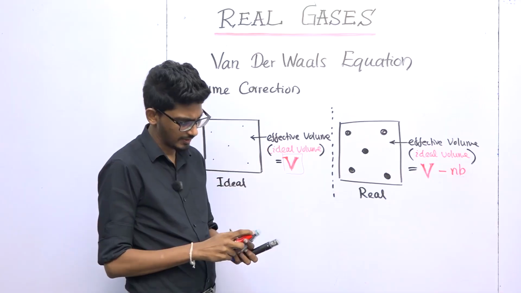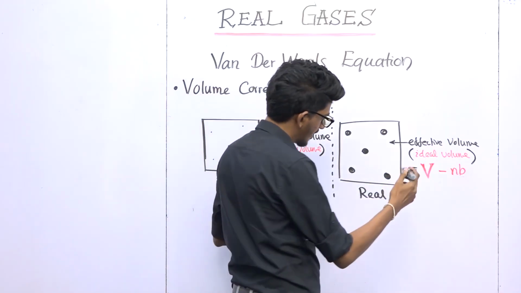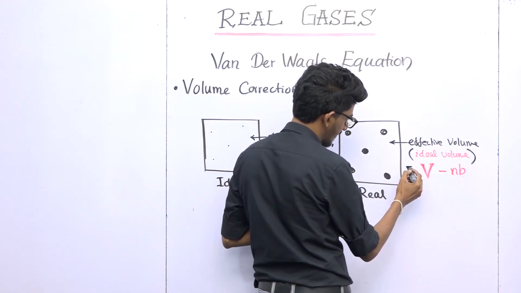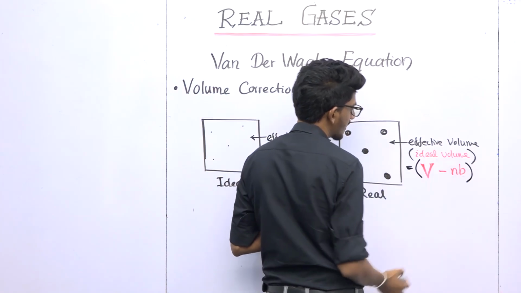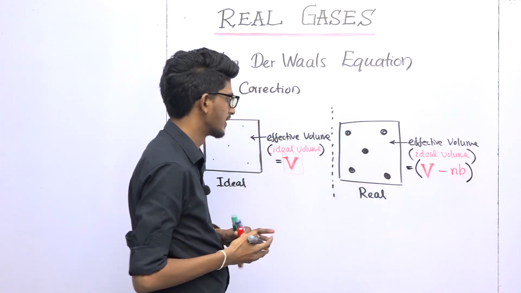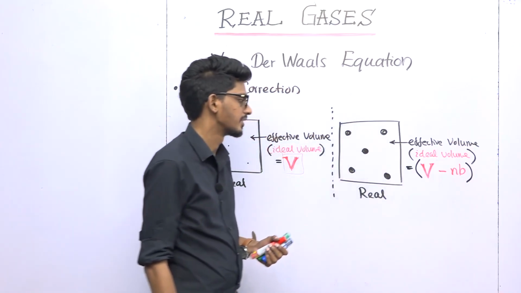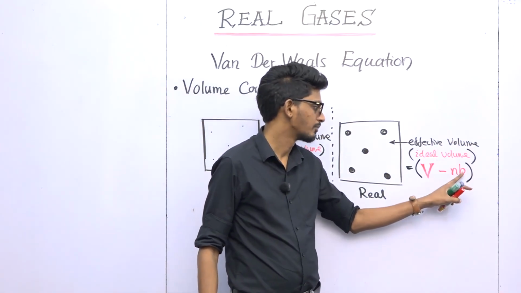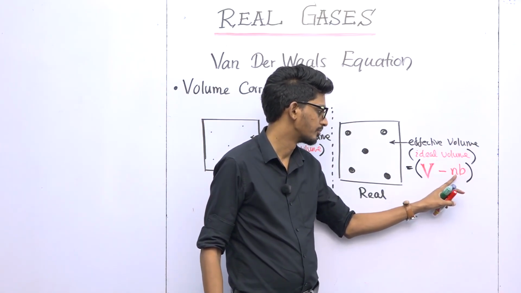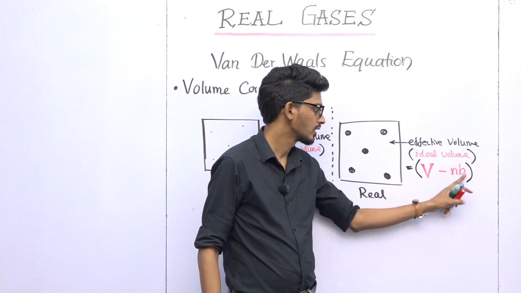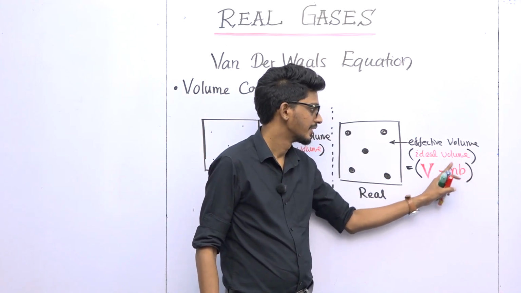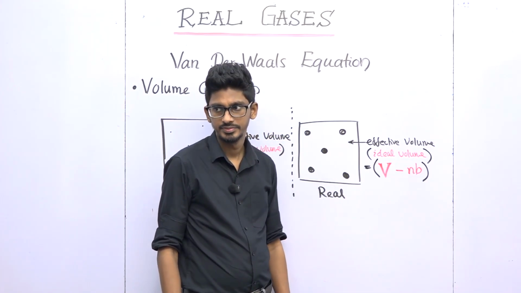What is nb? n is the number of moles of gas particles there, and b is the volume of 1 mole of gas particles. Volume of 1 mole of gas particles times the number of moles will give you the total volume occupied by the gas particles.